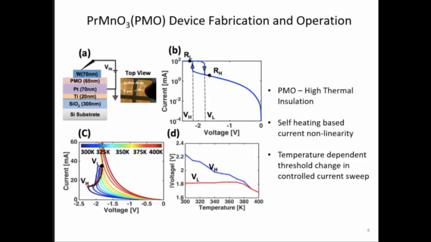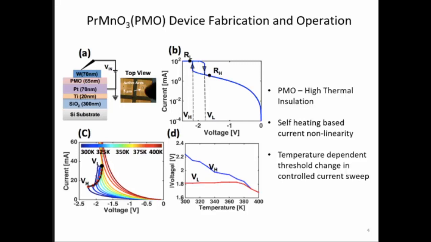And to characterize these thresholds and how this hysteresis window varies, we did a current sweep, and we increased the current, and we found that these kinks correspond to those voltage values at which the resistance switch is observed. And if we plot these thresholds against the ambient temperature, we find that this hysteresis window reduces.